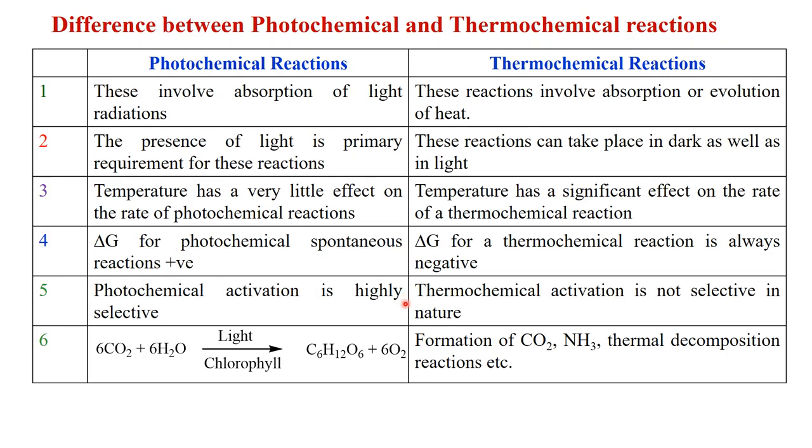Fifth is photochemical activation, or photochemical reactions are highly selective. That is, some of the reactions can take place in the presence of light, but they will never proceed in the absence of light.